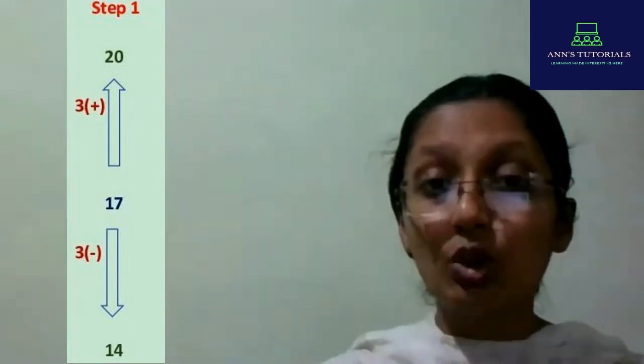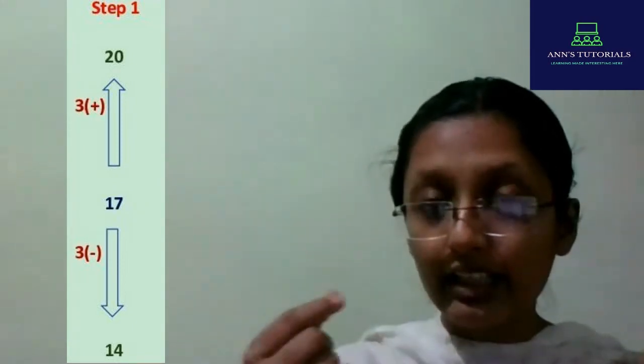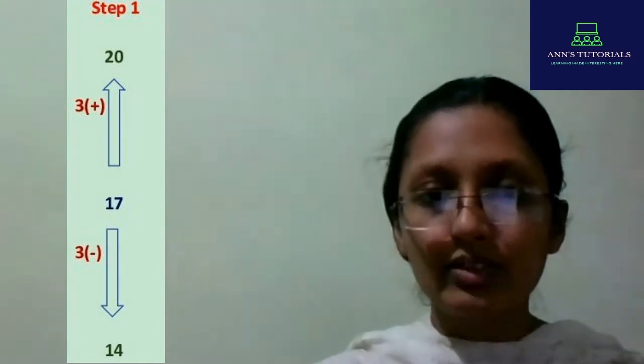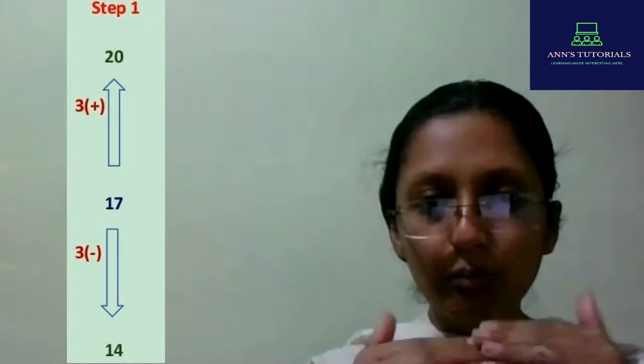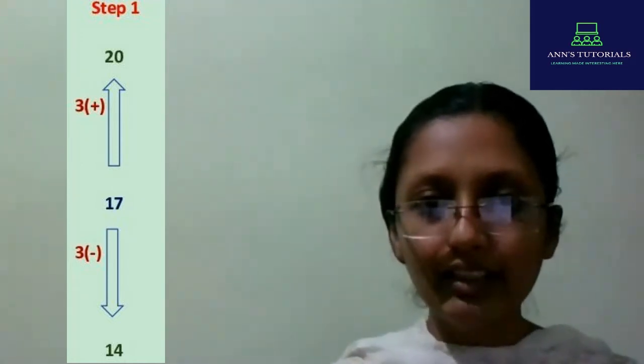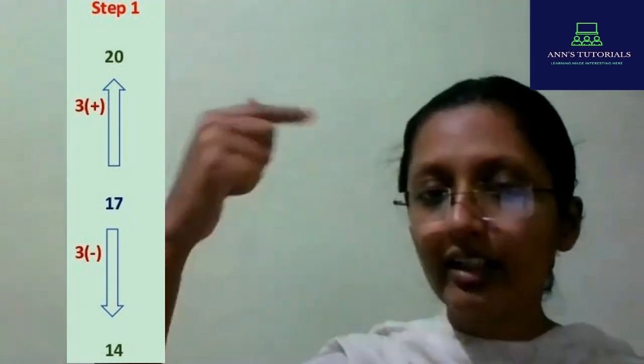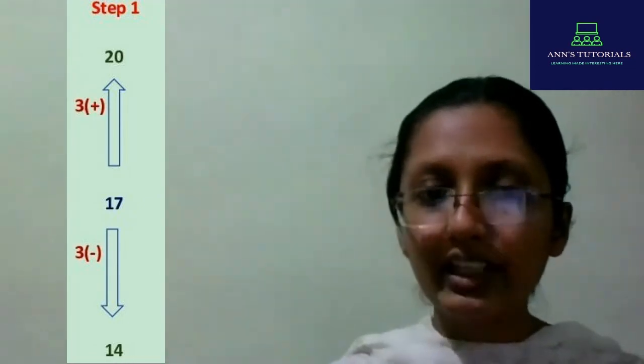So you get the number 20, which is ending in 0, right? Similarly, we will subtract 3 and move down from 17 and we get the number 14. So you got two numbers here, 20 and 14.